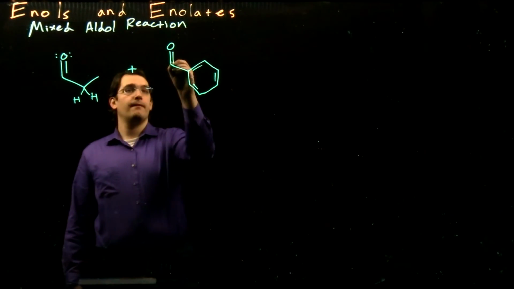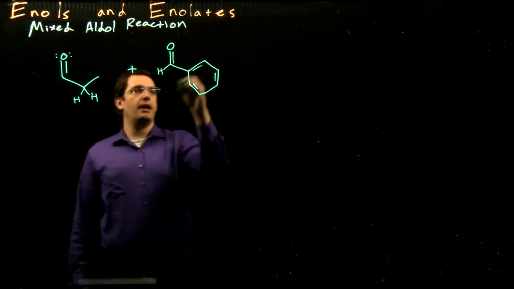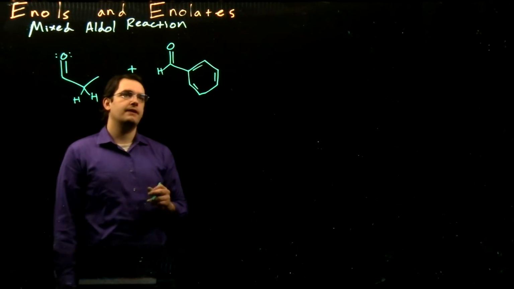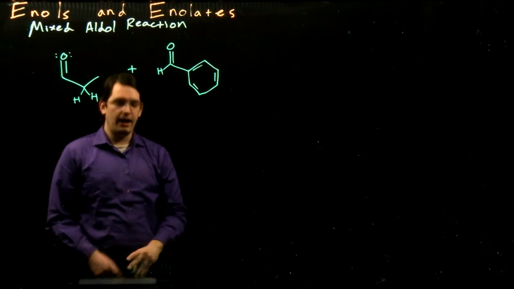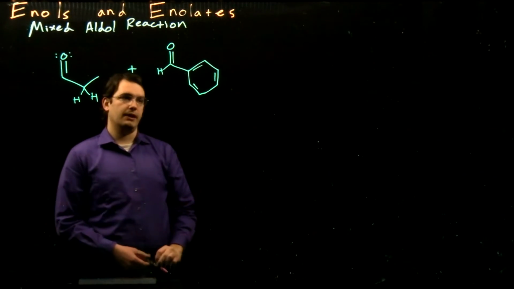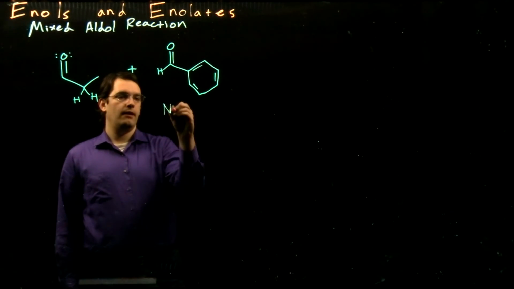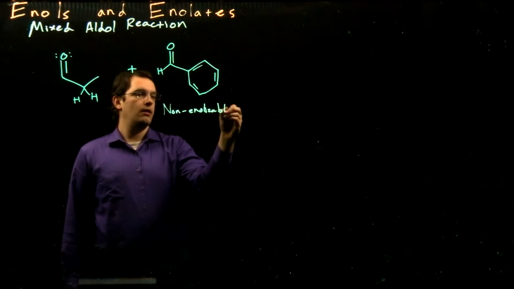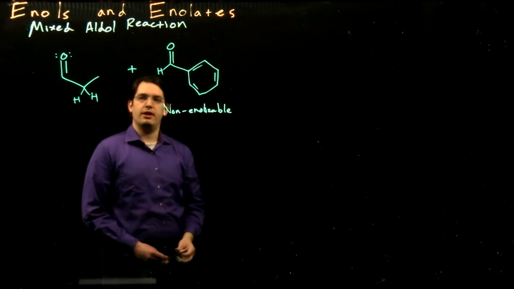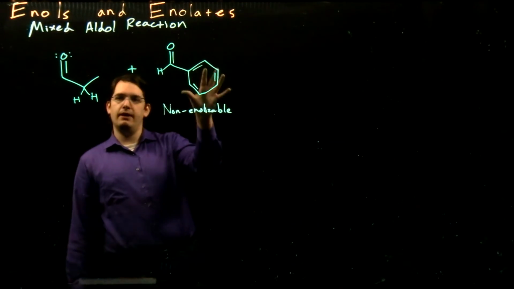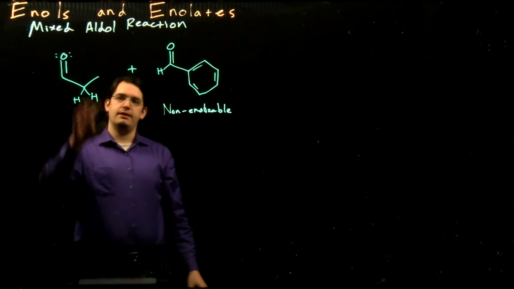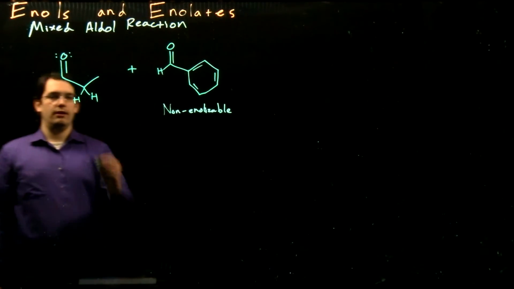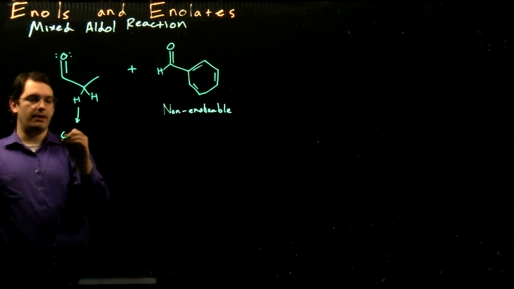Over here, as we look at our carbon, it already has 4 carbon-carbon bonds, and so we don't have any hydrogens here on this particular aldehyde. So this is non-enolizable, which means that in our reaction, we're never going to have this reacting as an enolate attacking this aldehyde over here. So this will always be reacting to form our enolate.